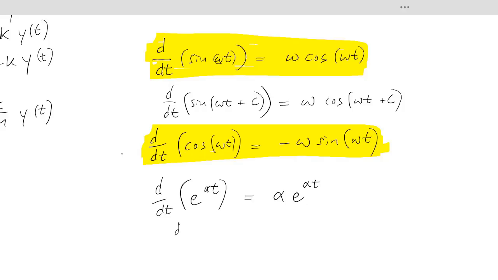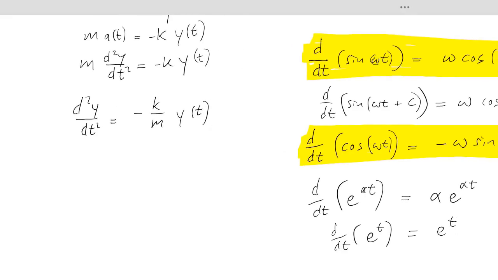So simply put, if I were to take the derivative d dt of e to the t, if that alpha were 1, it's just e to the t. And that's what's really special about the exponential function. It's its own derivative. But more on that later. Sometimes when we're climbing these mathematical mountains, it's nice to admire the view and see some of the other stuff that's out there. And it's a wide, wide, wide world.